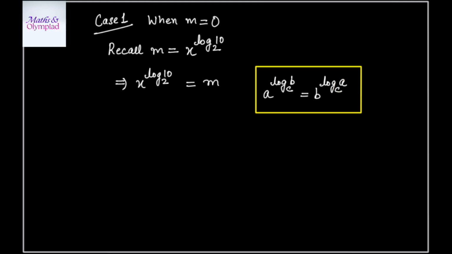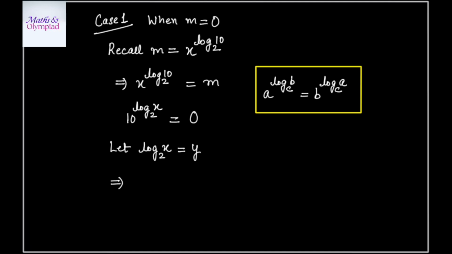So we can write 10 raised to the power log x to base 2 equal to, now substituting the value of m here, which is equal to 0. Now to further simplify this, I suppose log x to base 2 equal to y.